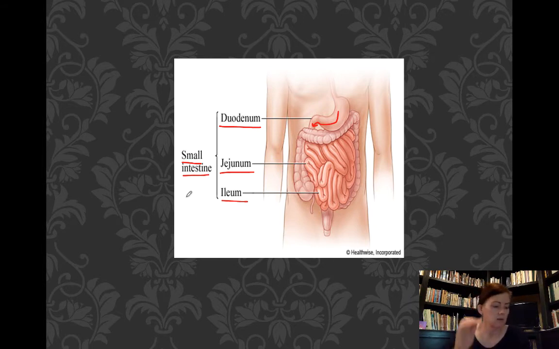Plica circularis are basically circular folds within the intestines, and it increases surface area, and it also slows down movement of chyme as it's traveling through the small intestines so that we have time to reabsorb substances. We also have presence of microvilli with brush border enzymes that are going to help break down the food that we eat, and we also have villi that are there to help with mobility of chyme throughout the intestines.